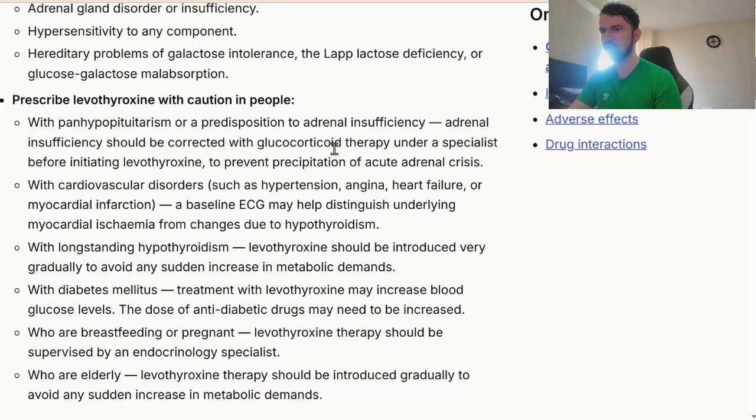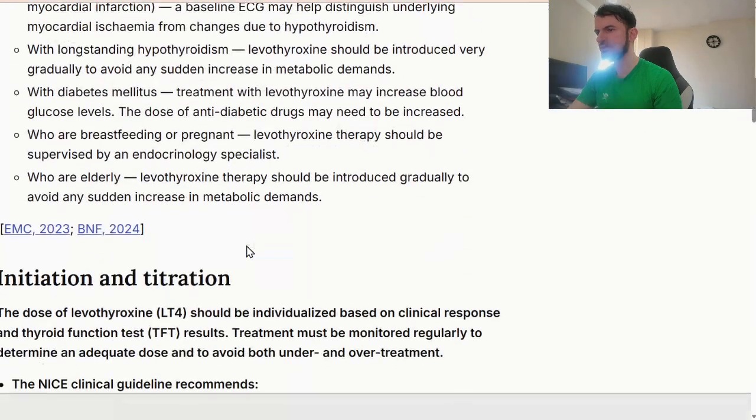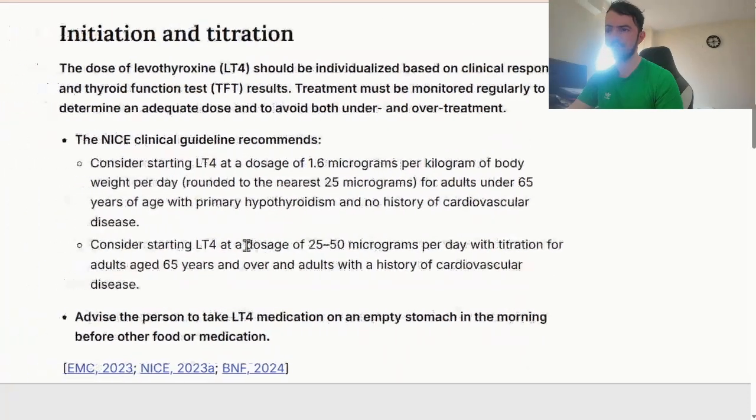Hey guys, so this is about levothyroxine as well. A crucial point in the endocrine chapter of the BNF is the thyroid chapter or topic. Now, why? The GPhC really love to ask about the definition of hyperthyroidism.